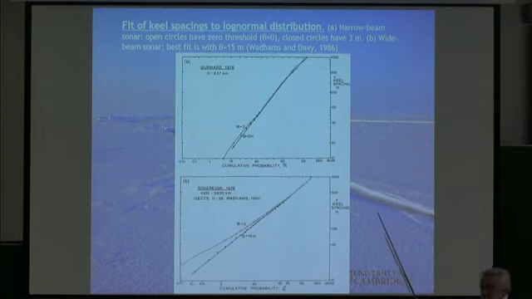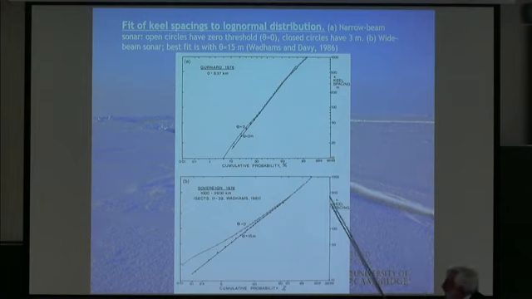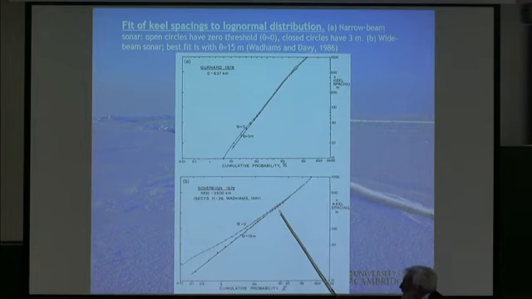But if you have a wide beam sonar, there's a limit to how closely two ridges can be positioned, and so what then fits a log normal is the same log normal, but you have this third parameter which accounts for the beam width of the sonar.